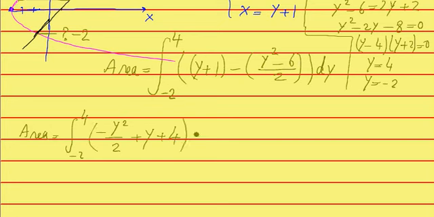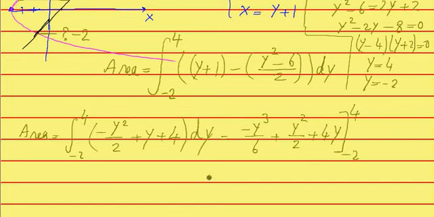So I wrote my integrand in standard form. Now I go ahead and integrate. This thing is minus y cubed over 6 plus y squared over 2 plus 4y. I have to plug minus 2 and 4 in it.